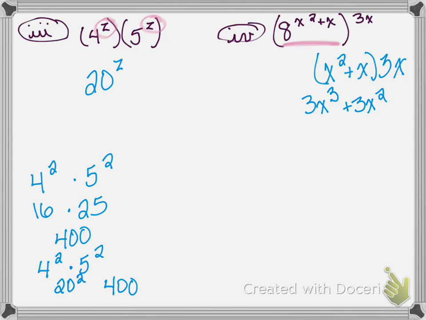So I'm going to have 8 raised to the power of 3x to the 3rd plus 3x squared. And what's happening in these is it's really getting you to think about your exponents. Okay?